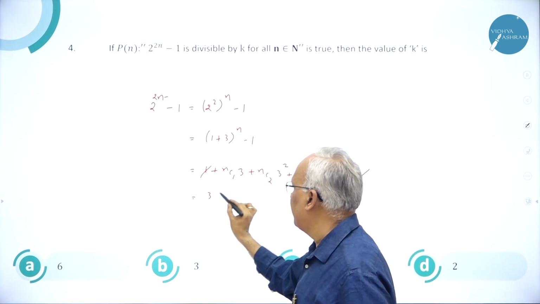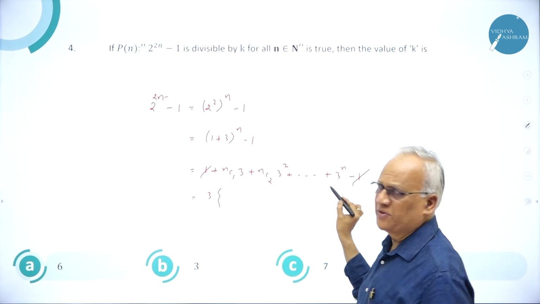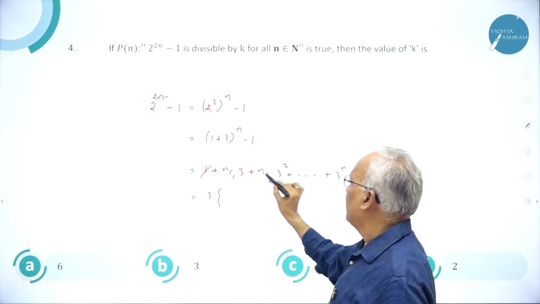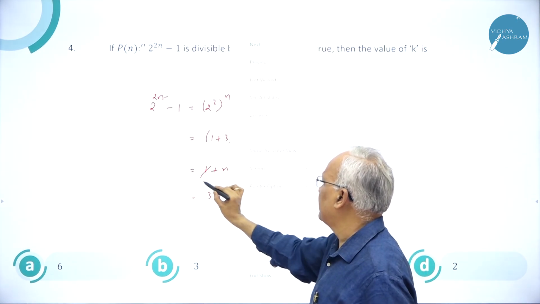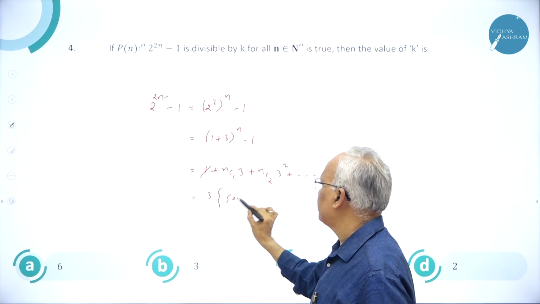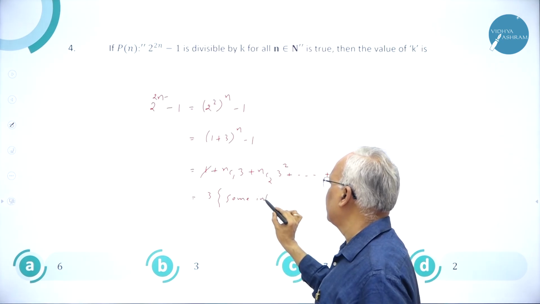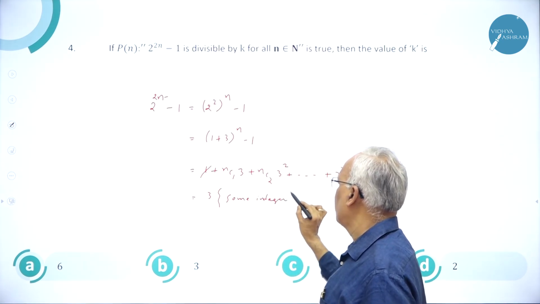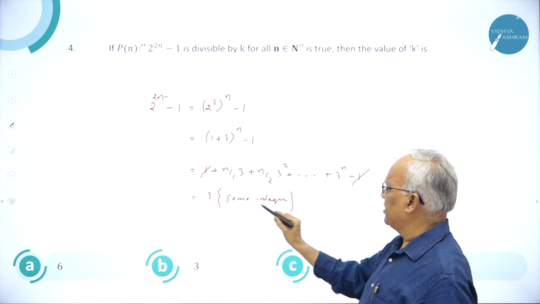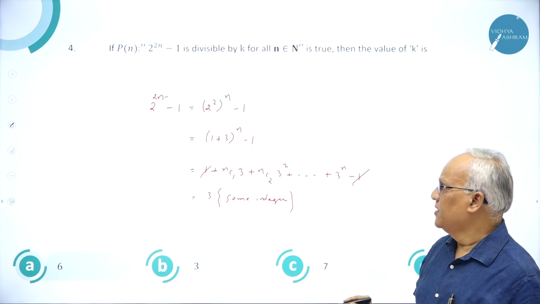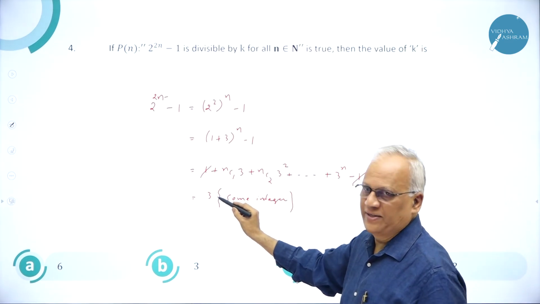So I can take 3 into, don't write nC1, nC2 etc., some constant, some integer. You can write here some integer, because this whole thing, 3 common, nC1, 3 into nC2 etc., is an integer. So you can easily say this is divisible by 3.